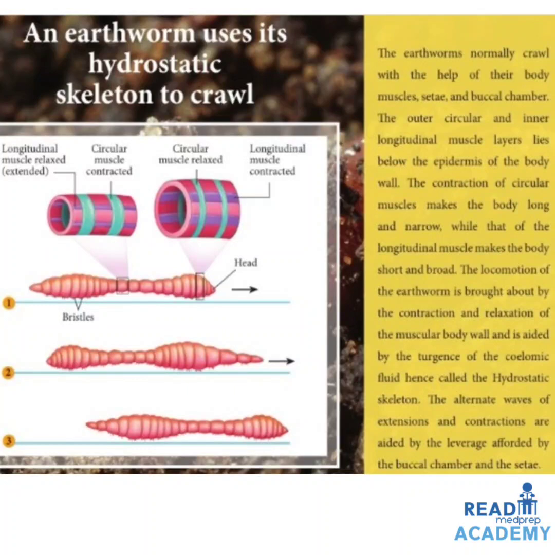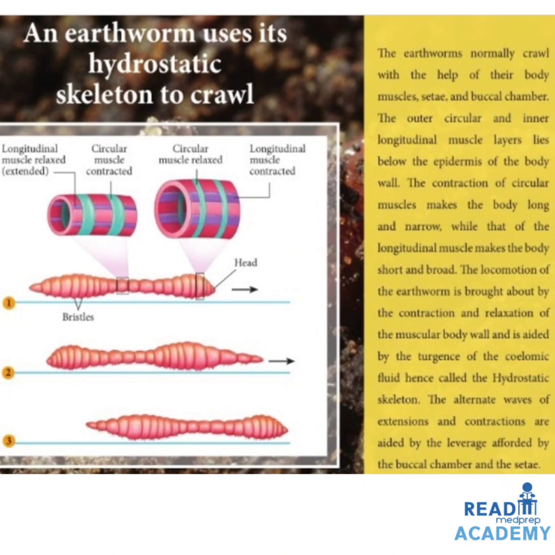Here you can see the use of the hydrostatic skeleton to crawl in the earthworm. The earthworm normally crawls with the help of their body muscles, setae and buccal chamber. The outer circular and the inner longitudinal muscle layers lie below the epidermis of the body wall.